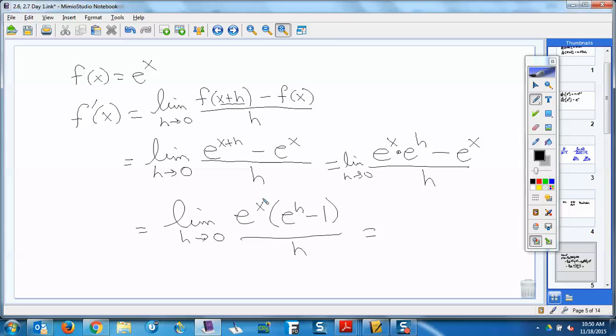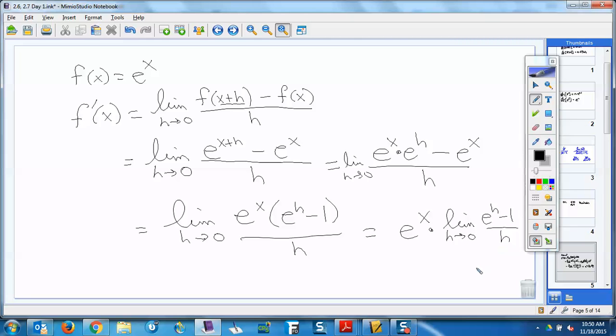E to the x will be unaffected by whatever h is doing, right? So as h is getting closer and closer to 0, e to the x will just continue to be e to the x. So really I can pull it outside and I can just focus on this part.